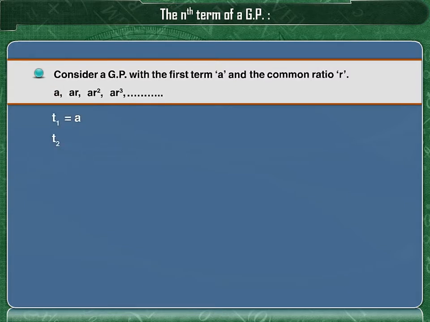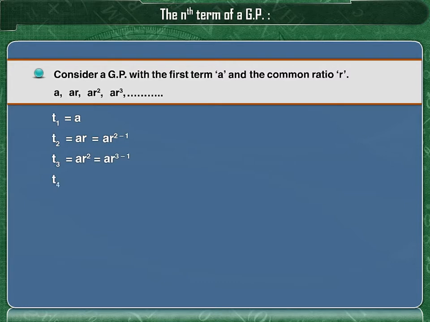The third term T3 is AR raised to 2. It can be written as AR raised to 3 minus 1. How will you write the fourth term? The fourth term T4 is AR raised to 3. It can be written as AR raised to 4 minus 1.